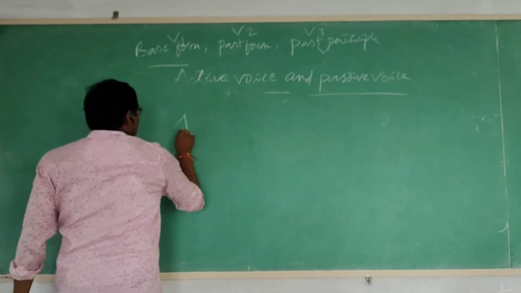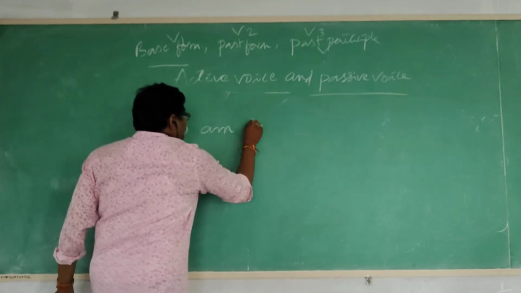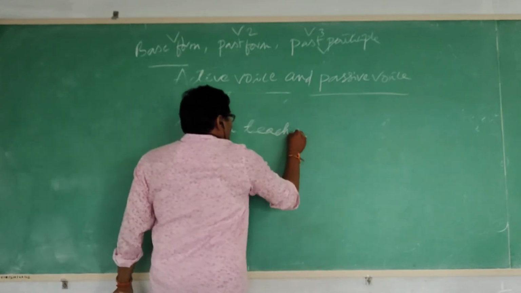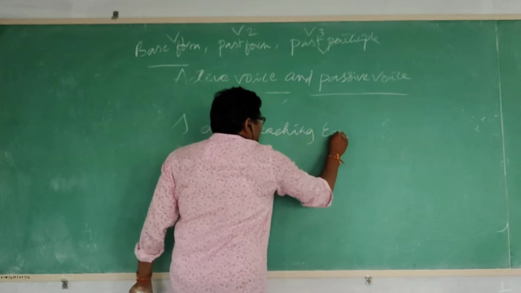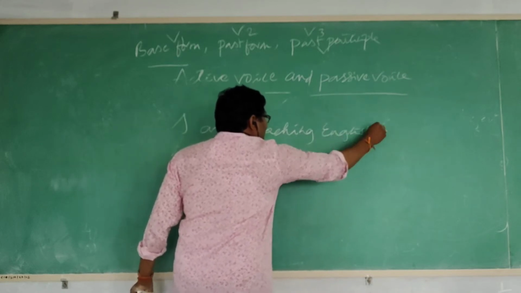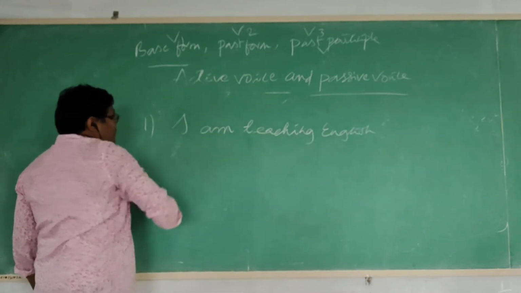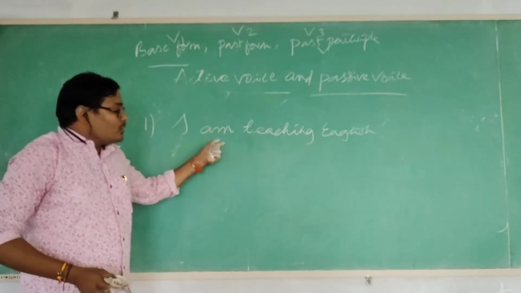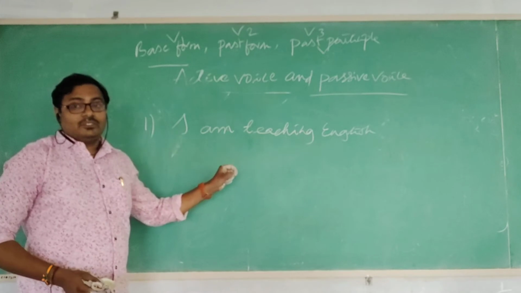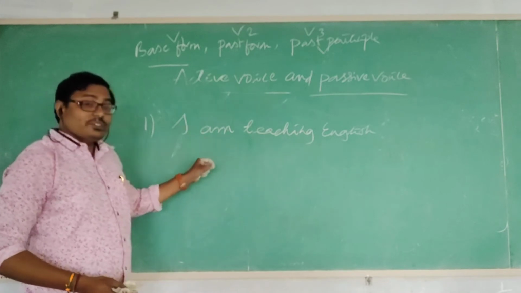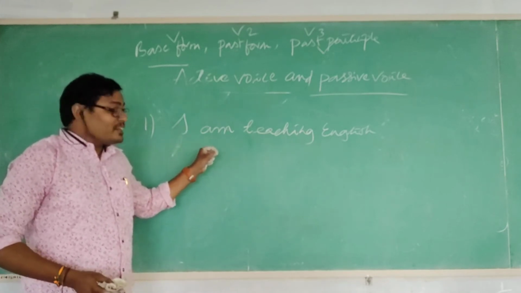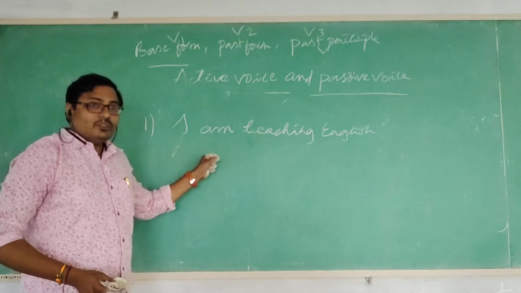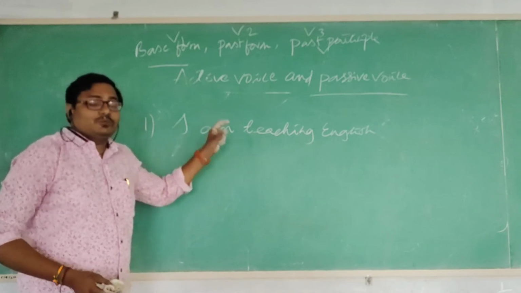Okay, I am teaching English. See here, actually this sentence is in present continuous tense because present continuous tense is used to indicate an action when we talk at the time of speaking.